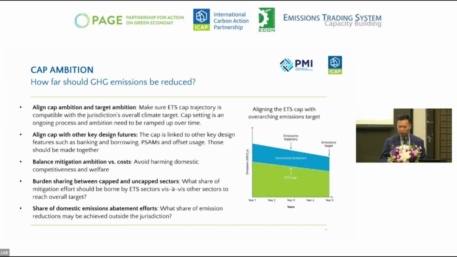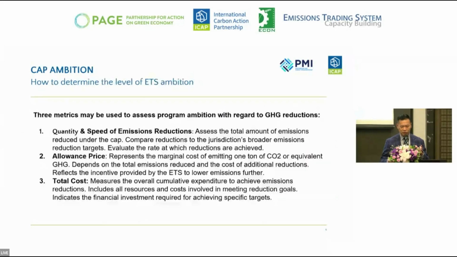And then we also need to think about the share between capped or uncapped sectors, or ETS and non-ETS sectors, and also the share of domestic emission abatement efforts. So I will not go into details, but there are a lot of things we need to consider in how to set the cap, how ambitious it should be.